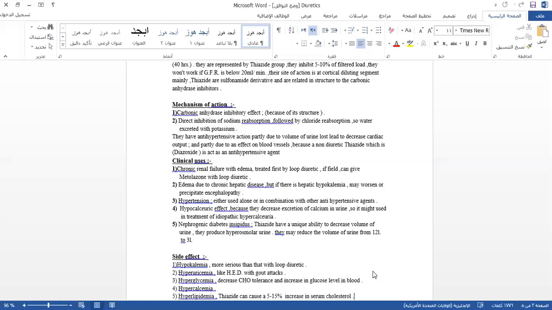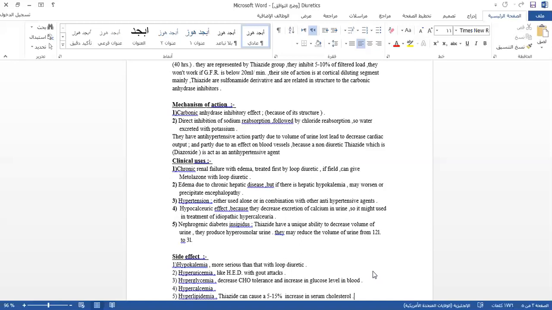So we use them to control mild to moderate hypertension, either alone or in combination with other antihypertensive agents, rather than severe hypertension or hypertensive crisis, which is treated immediately by high efficacy diuretics.